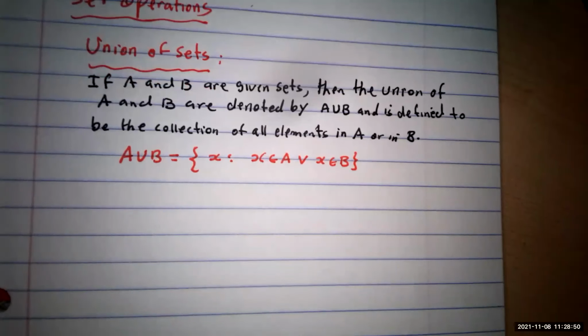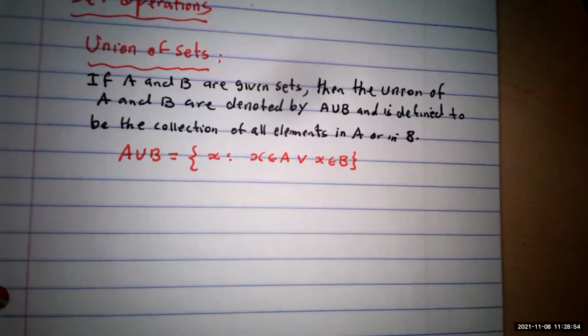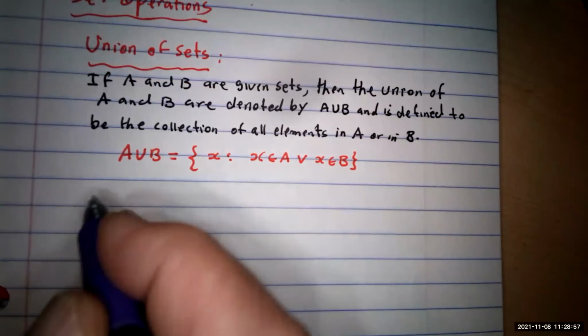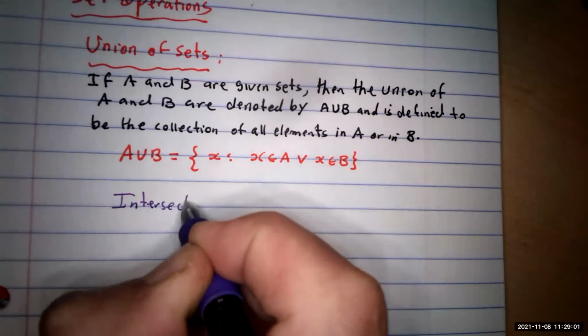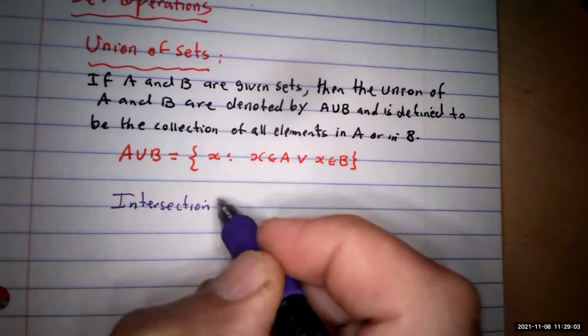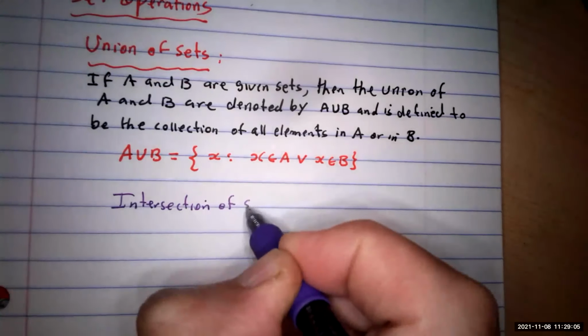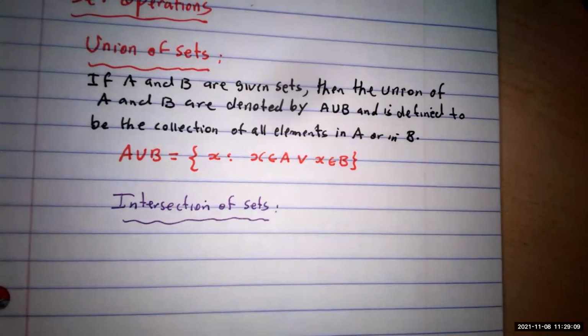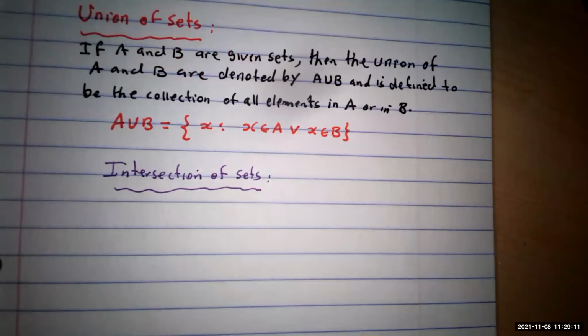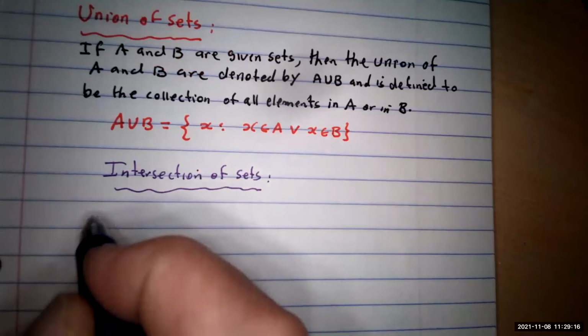Now, intersection. If you consider the common elements, the elements that belong to both sets, the result is going to be the intersection.